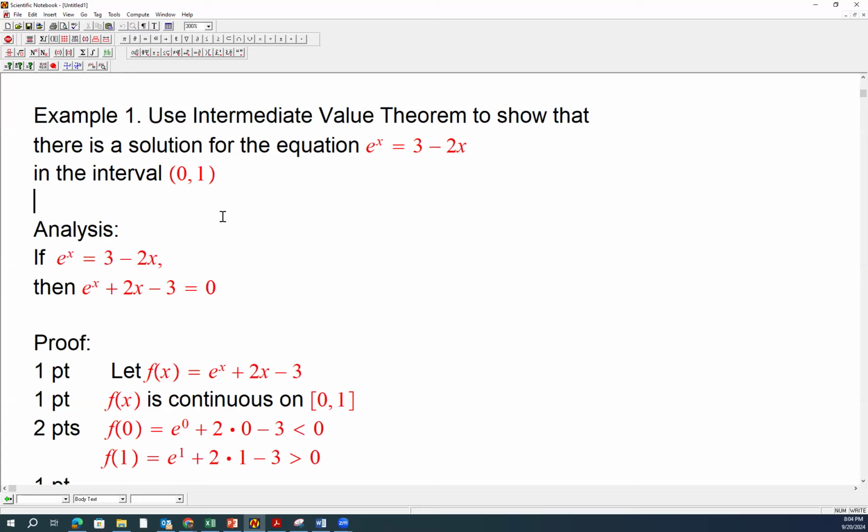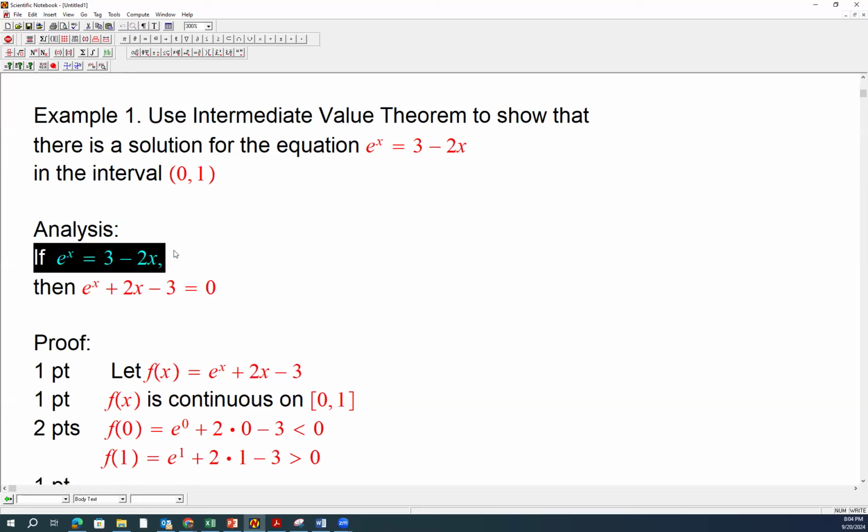For example, in the analysis, how do we construct the function? Because in this question, we were not given the function. We have to figure it out.